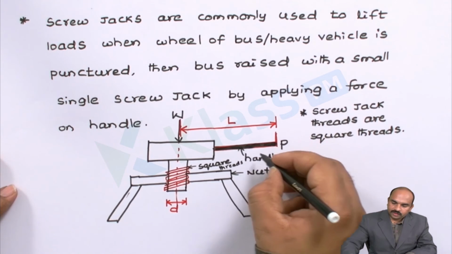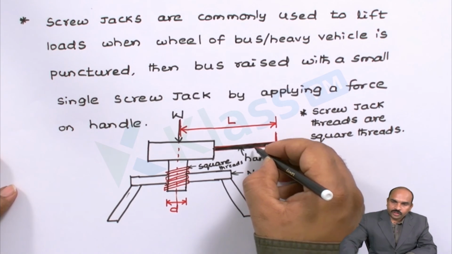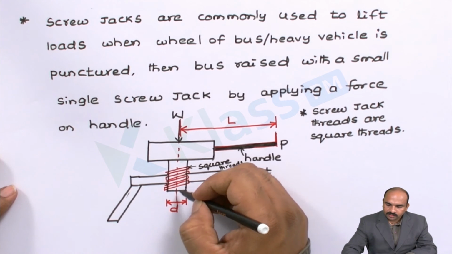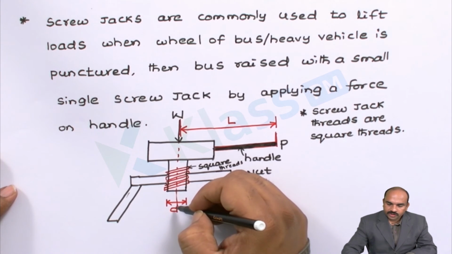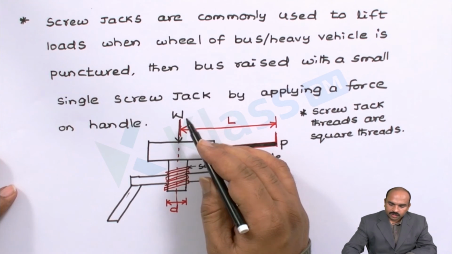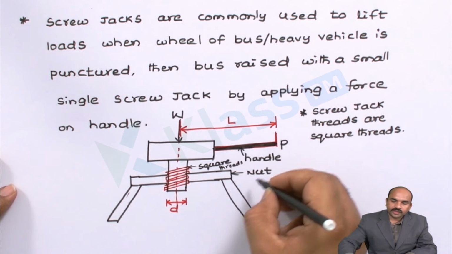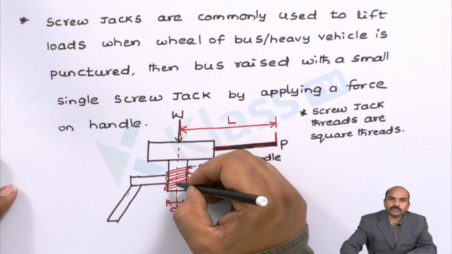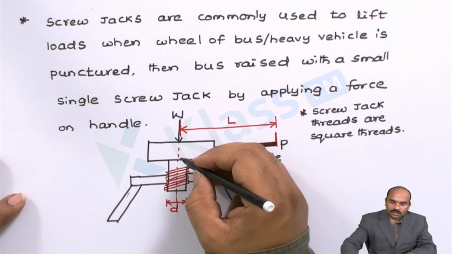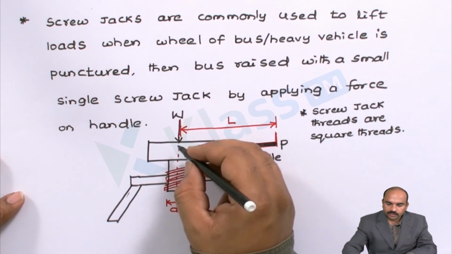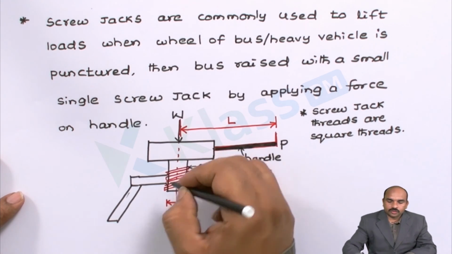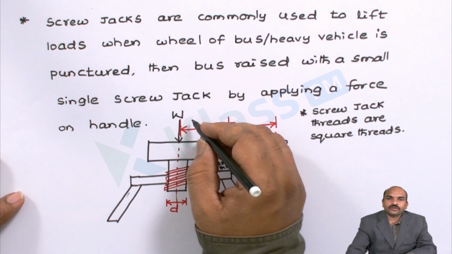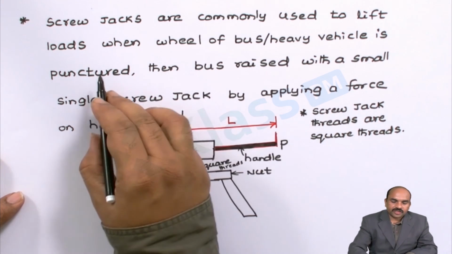By applying force, we can rotate this handle so that the screw moves either upward or downward depending on the rotation. In one direction of rotation of the handle, the screw moves upward, or in the other direction it moves down, so that we can lift the load, we can lift the vehicle when it gets punctured.